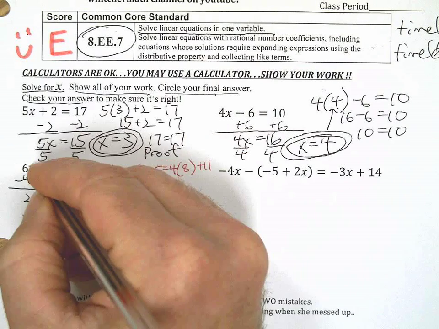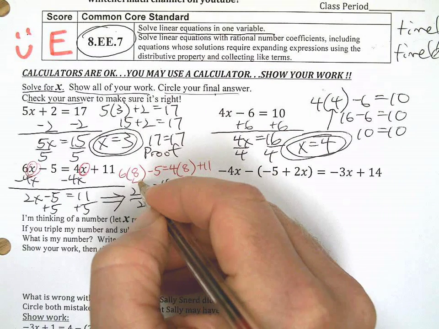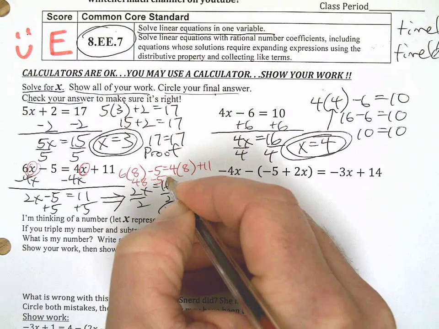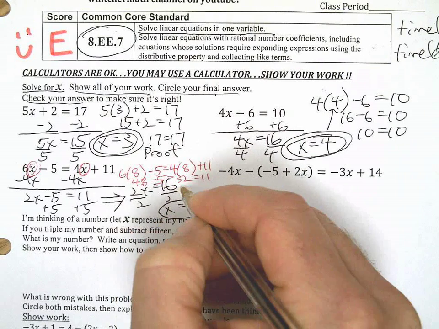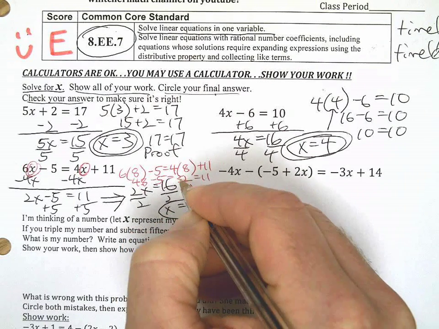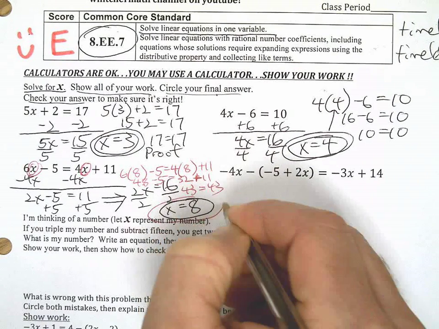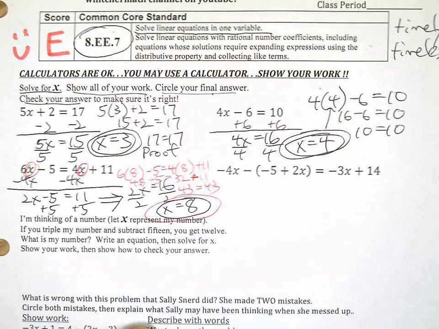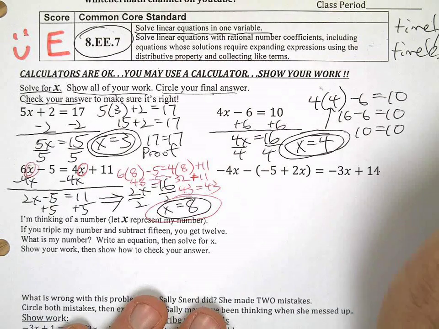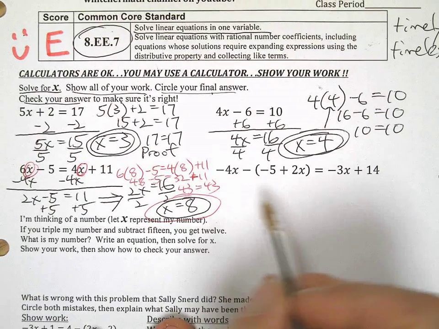I just substituted 8 for x in the original equation. 6 times 8 is 48. 4 times 8 is 32. 48 minus 5 is 43. 32 plus 11 is 43. So 8 is correct. Tiny writing. Please use tiny writing on this if you want to write on this page. Otherwise, you might want to show your work on a separate page.